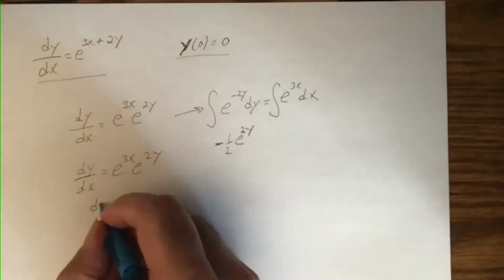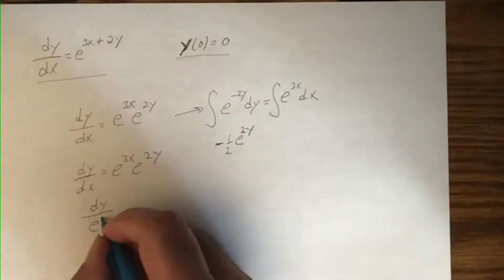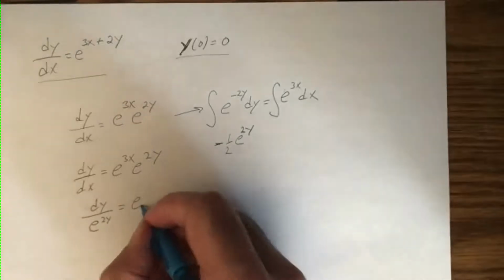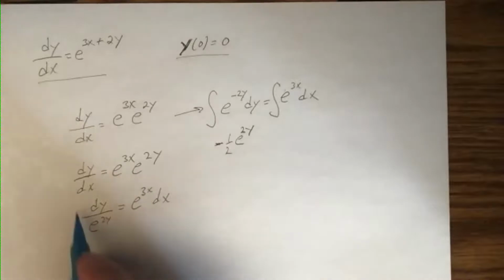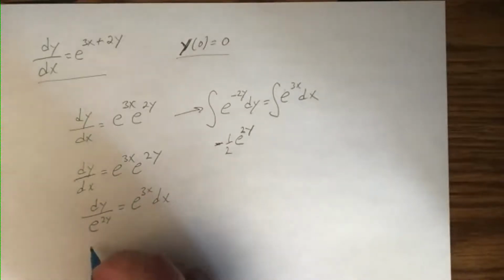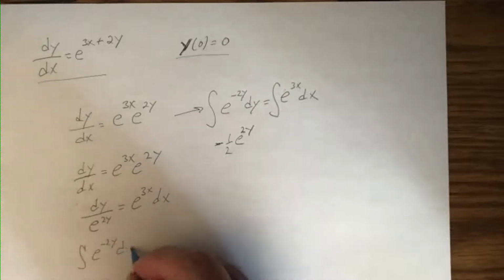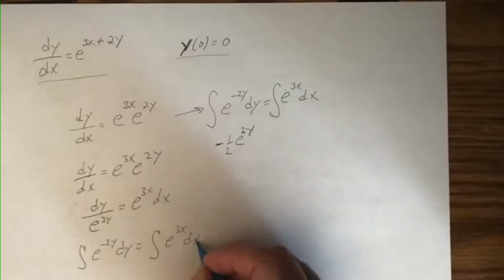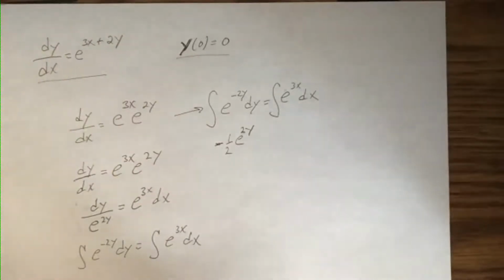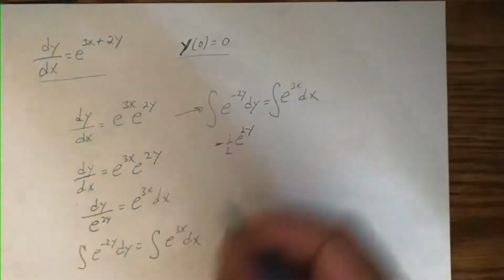I can write it like this, and then you can integrate this if you want, but this is the same as this. Oh, okay, I see. There's more than one way of doing it. Okay, thank you.